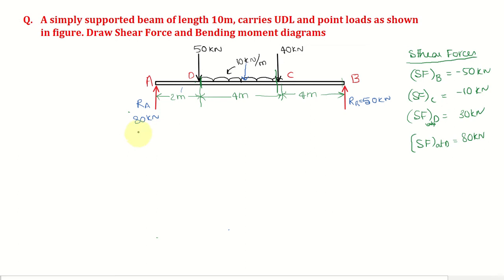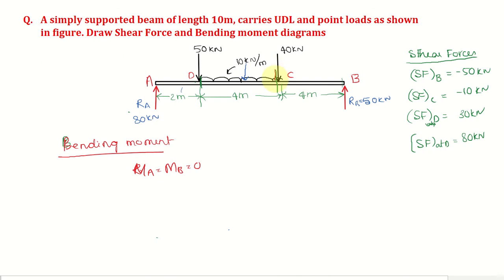Now let us try to find out the bending moments. As you know, the bending moment for a simply supported beam at the supports will be 0. That is, bending moment at A is equal to bending moment at B is equal to 0 at the supports.